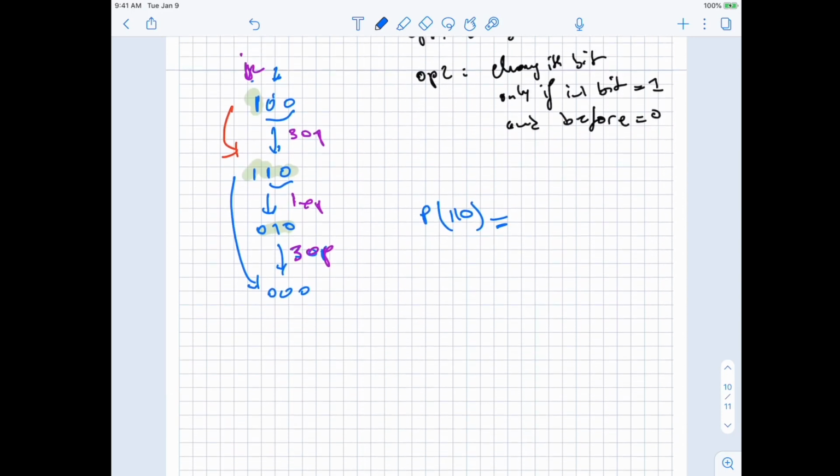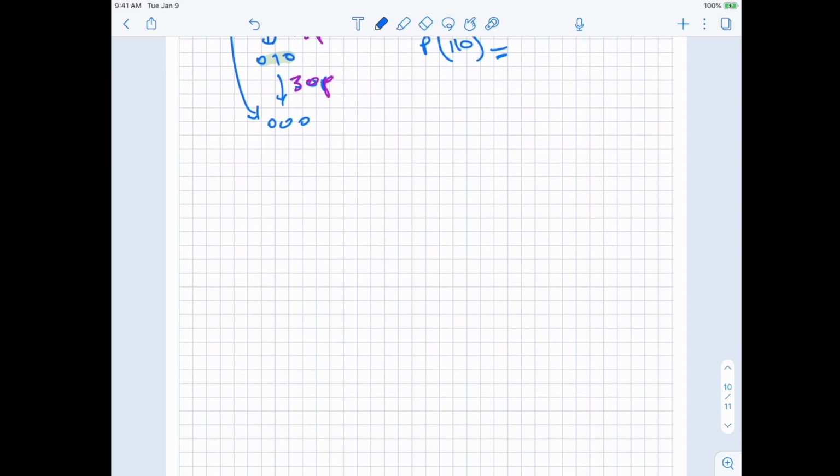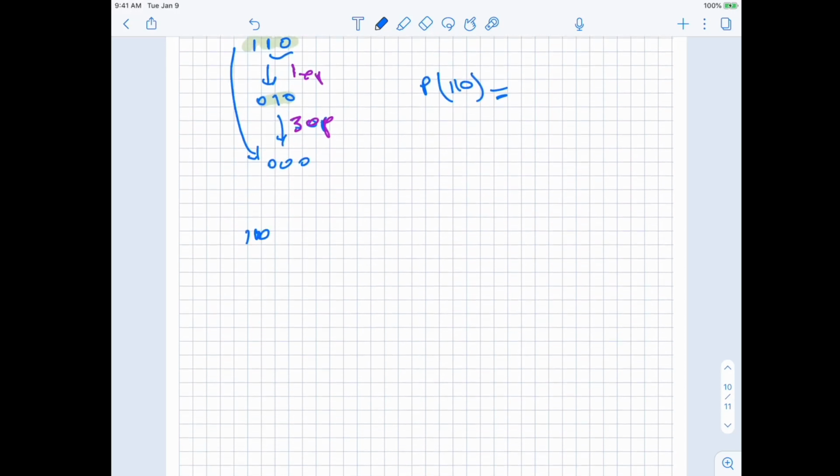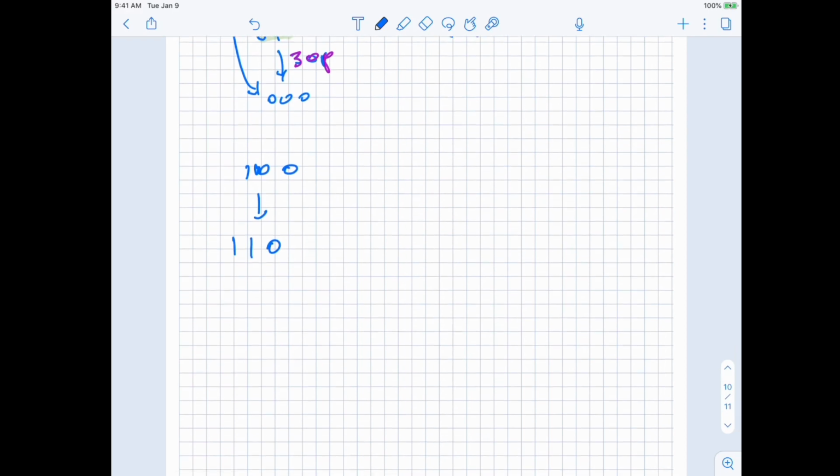So what is this? Well, this is actually just converting 1 0 0 to 1 1 0. Well, first you have f of 2, and this portion here is f of 1, okay?